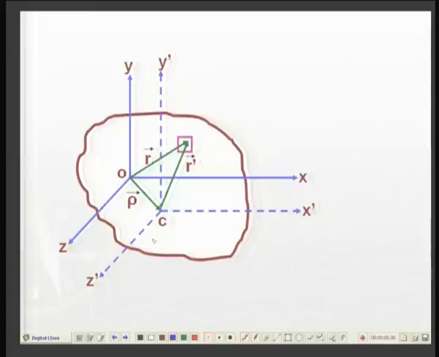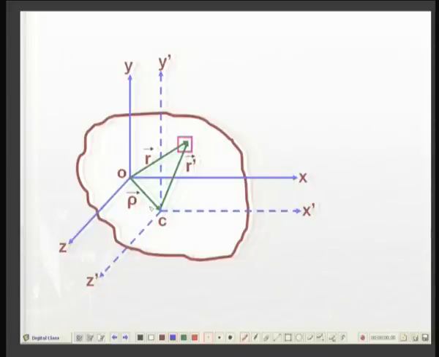The special feature about these two coordinate systems is that the x axis is parallel to the x dash axis, the y axis is parallel to the y dash axis and the z axis is parallel to the z dash axis. That is, the axes have been shifted in a parallel manner. There is no rotation involved in shifting the axes.